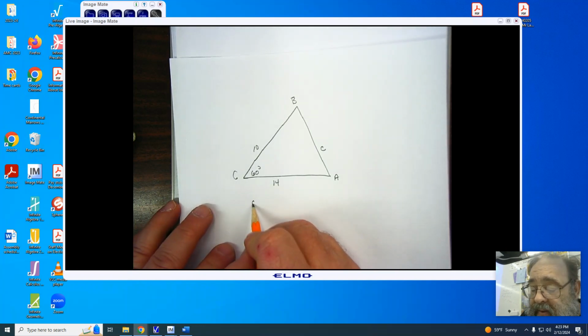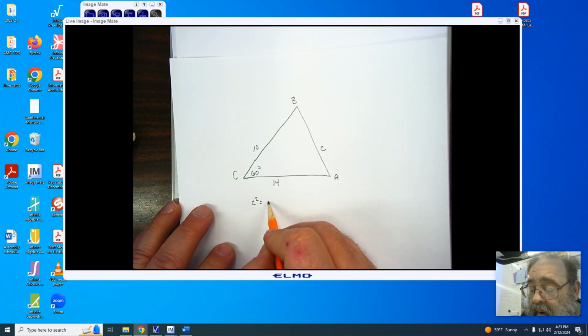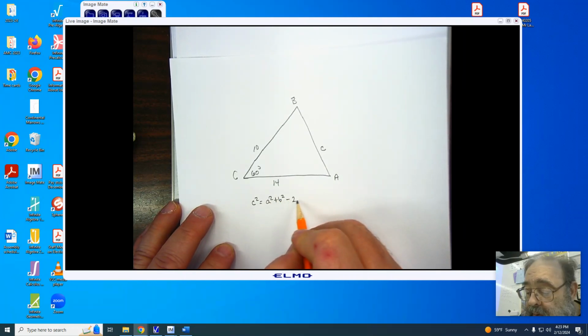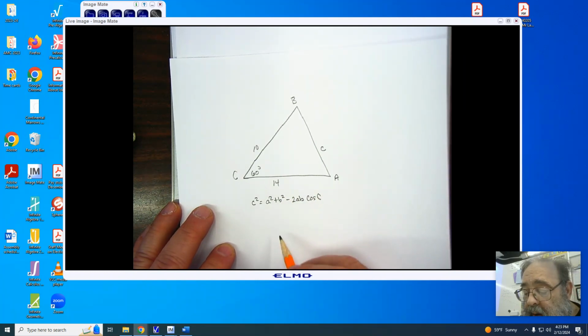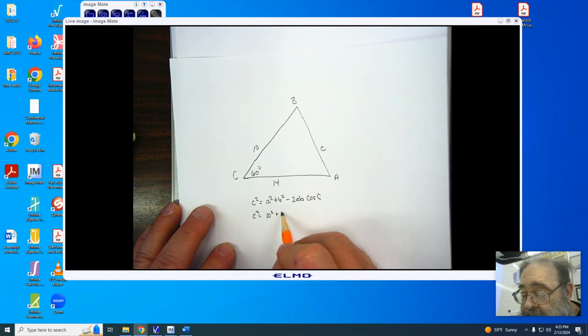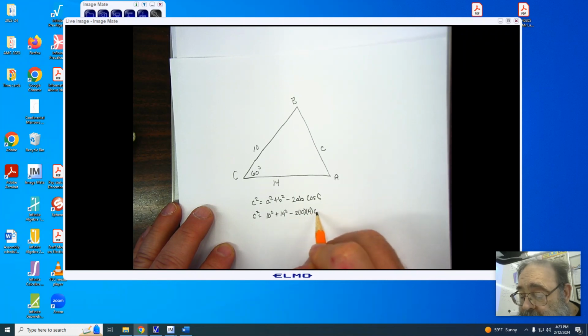We know that C squared has to equal A squared plus B squared minus 2AB cosine of angle C. We're going to put in everything that we have. C squared equals our A squared, which is 10 squared, plus our B squared, 14 squared, minus 2 times 10 times 14 times the cosine of 60 degrees.